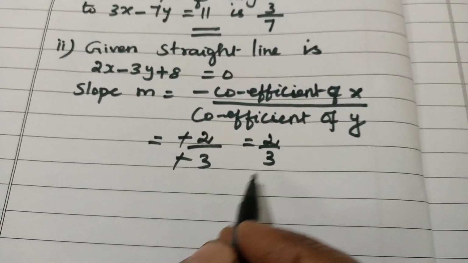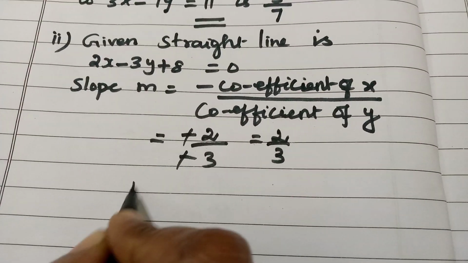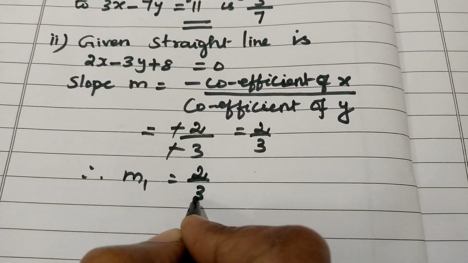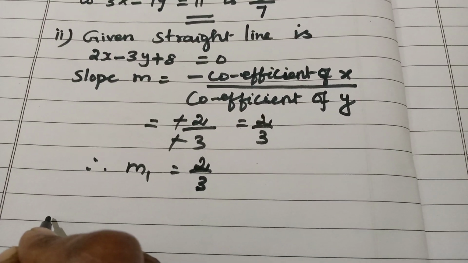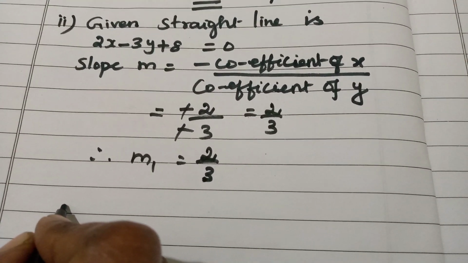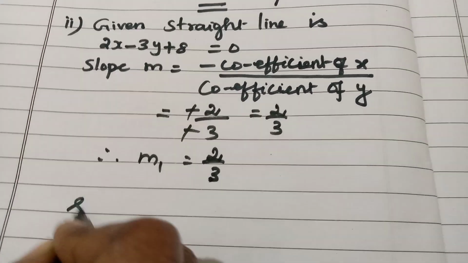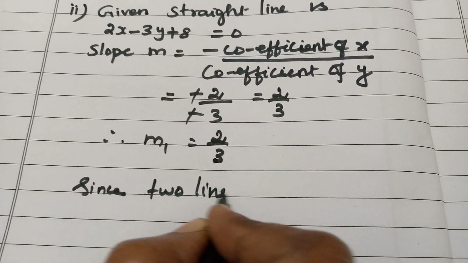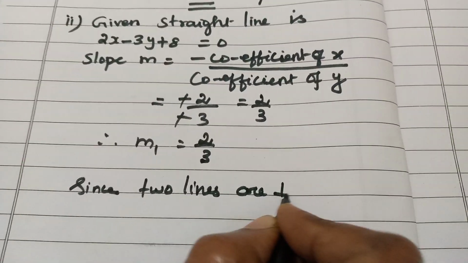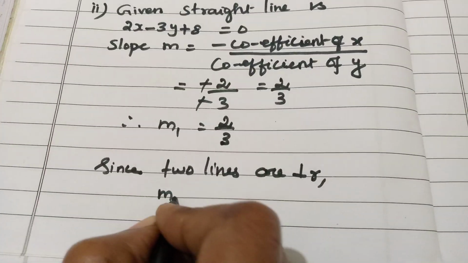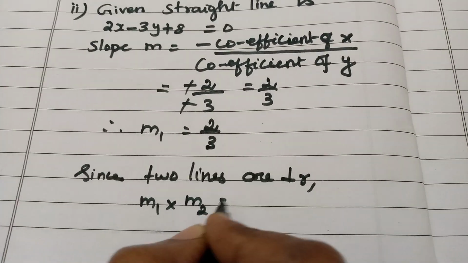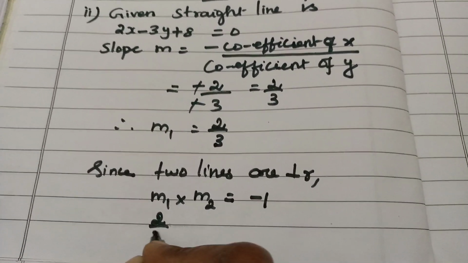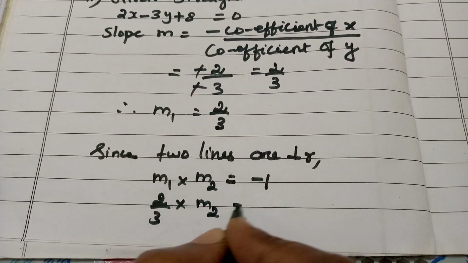Now we have to use the perpendicular condition. Therefore m1 is equal to 2 by 3. Now since two lines are perpendicular, we know m1 into m2 is equal to minus 1. Here m1 is 2 by 3, so 2 by 3 into m2 is equal to minus 1.